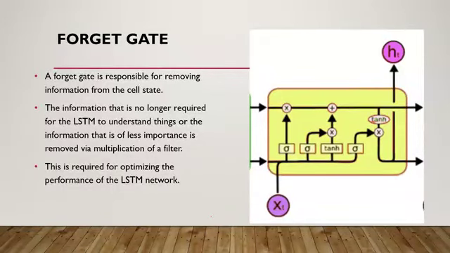It will not use that, because it is not important in this particular block for this particular time period. This forget gate is responsible for removing information from the cell state. The information that is no longer required for the LSTM to understand things, or that is less important, will be removed via multiplication by a filter. So this is that particular gate.